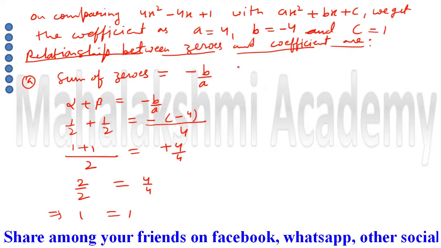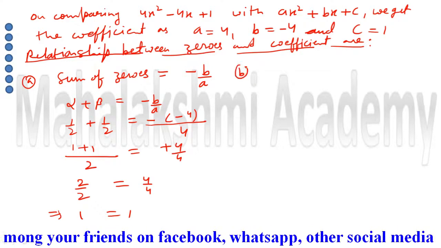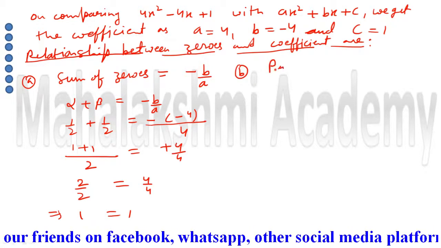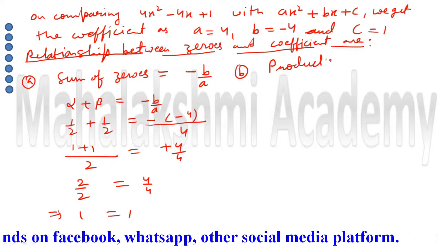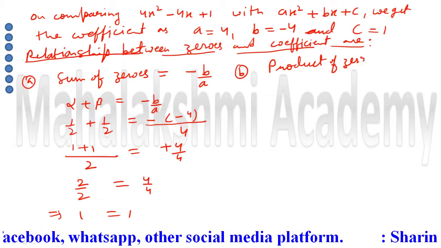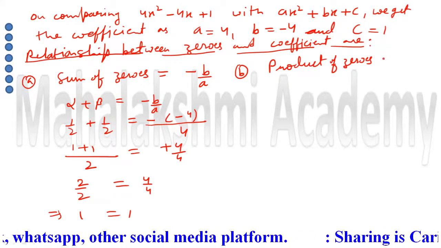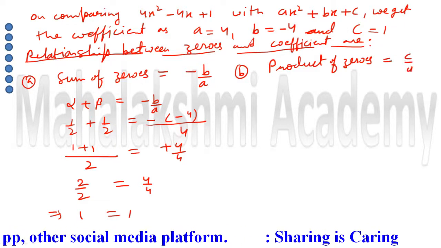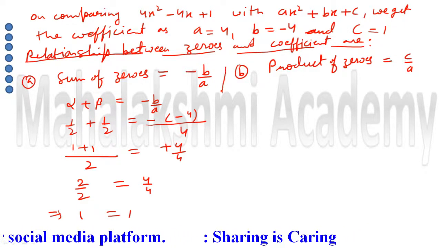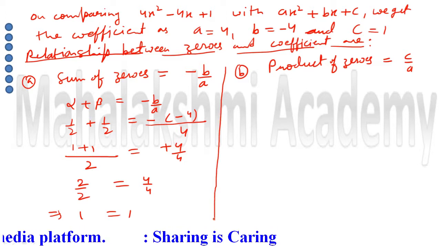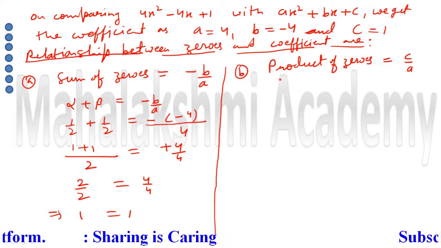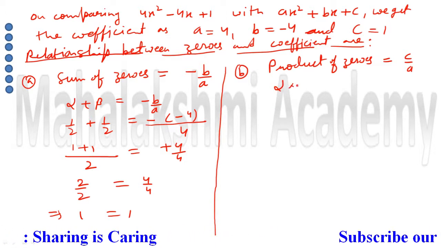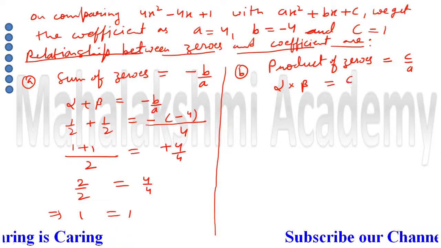Now we move to the second relationship. The second relationship is product of zeros is equal to c upon a. What does the product mean? Alpha multiplied by beta is equal to c upon a.